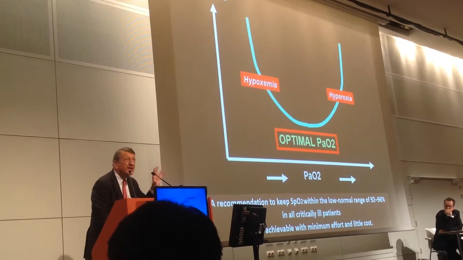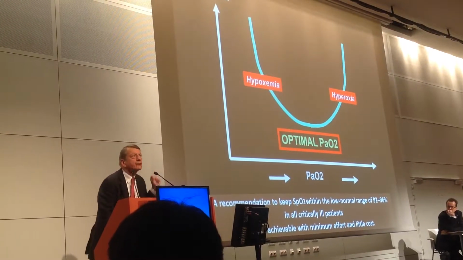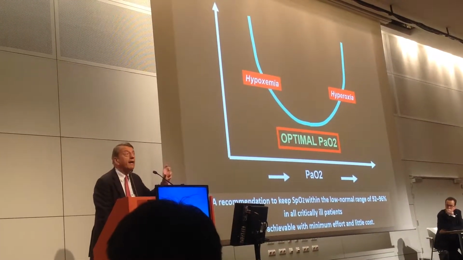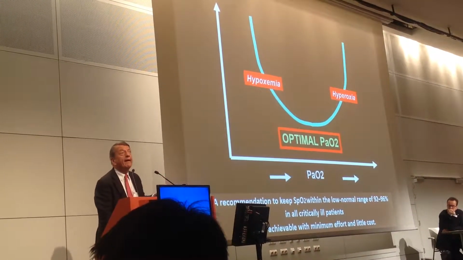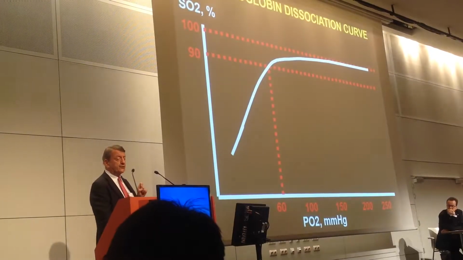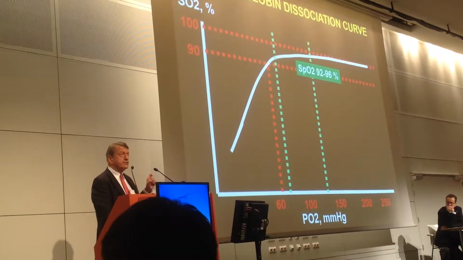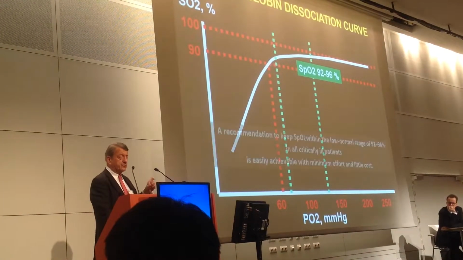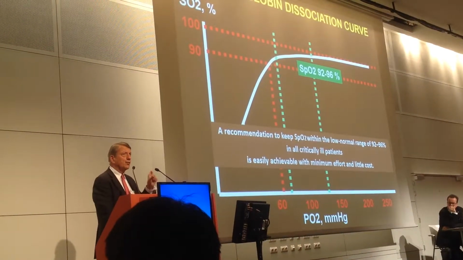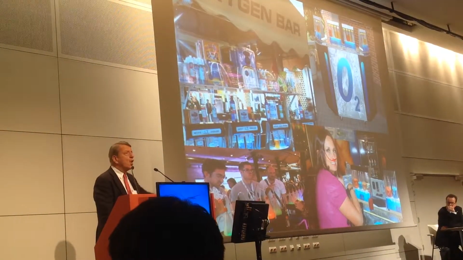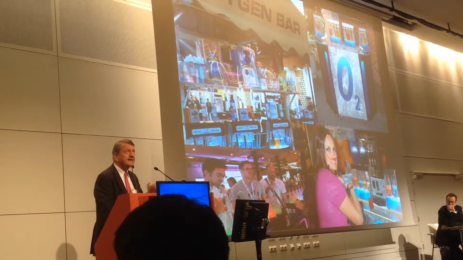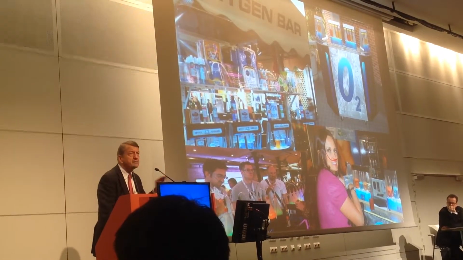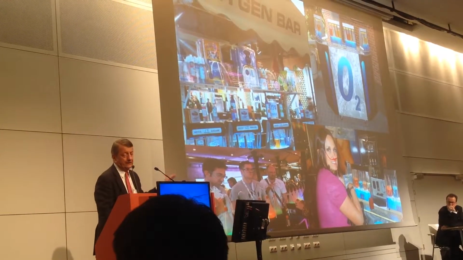We are aiming at low normal values. And you will explain why, if the nurse is not in the room right now, and people in the team will understand that it is important to keep the oxygen saturation within the low normal range and not above. So don't go to the oxygen bar in Brussels, okay? Don't do that tonight. There is no reason. It will not make you better in any way.